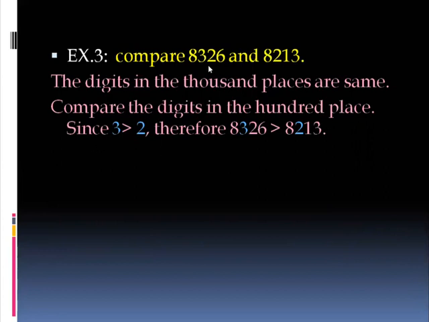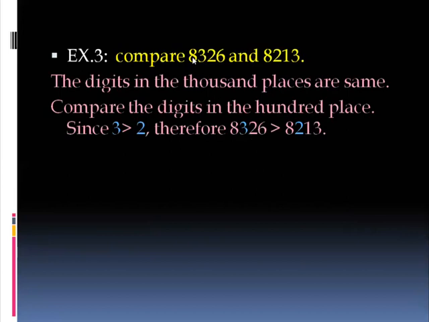In the 100 place, the first number is 3. And here, 2 is there. Which is the biggest number now in these two numbers? 3. Right? So, 3 is greater than 2. Therefore 8326 is greater than 8213.